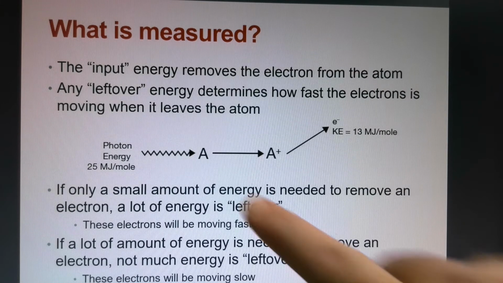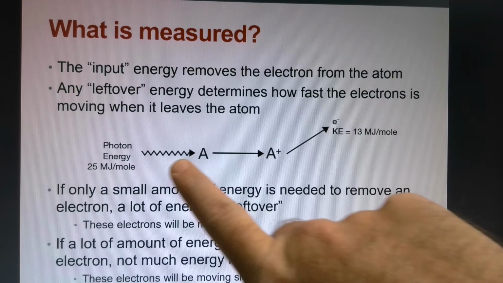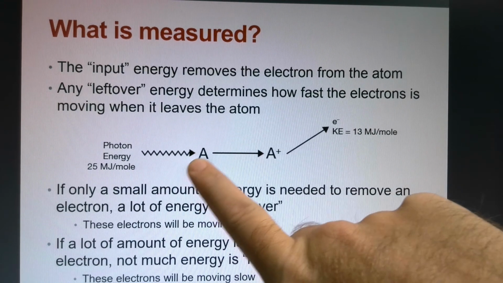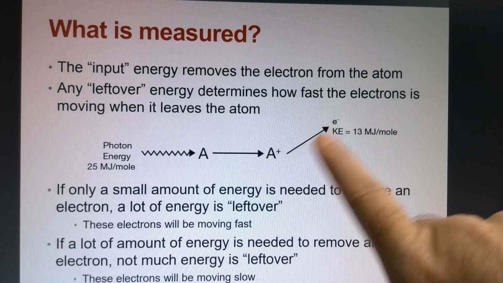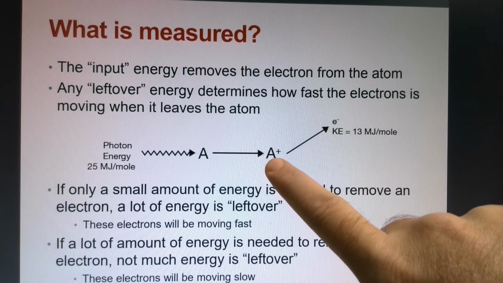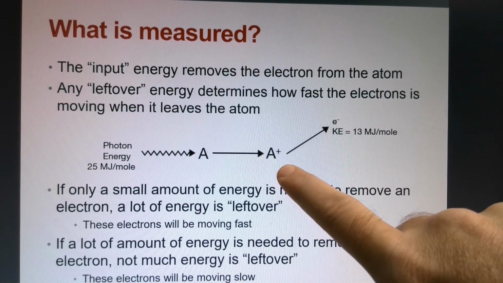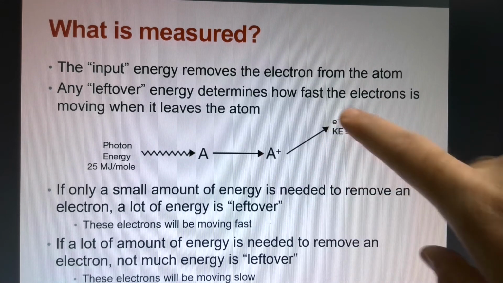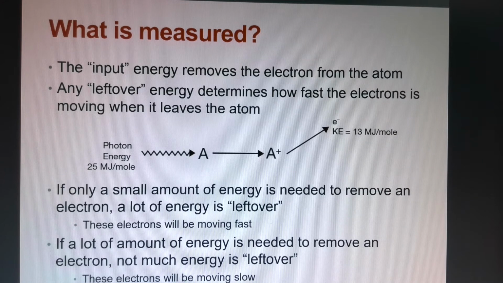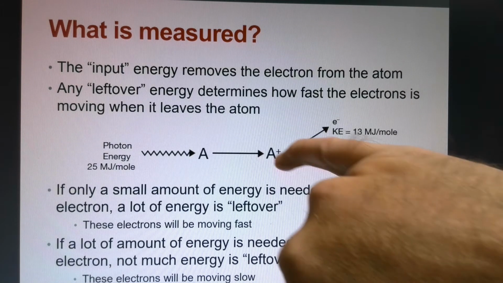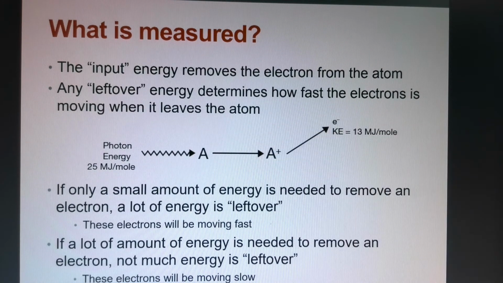So we will take the energy, shoot it at an atom, and that will allow the electron to be removed, causing positive ions to be formed. And whatever speed that electron is traveling at will tell us how much energy was used to actually remove it from the atom.